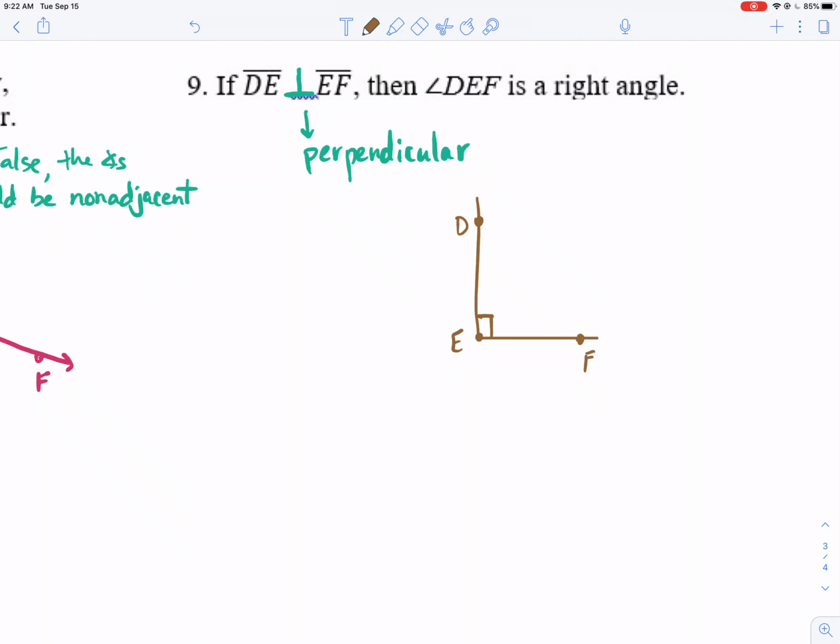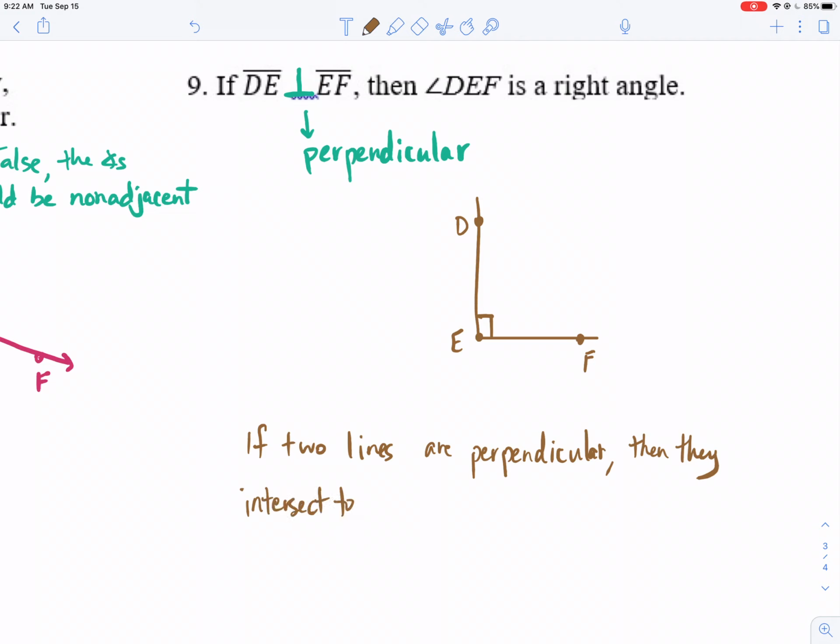So if we remember from our definitions, if two lines are perpendicular, then they intersect to form a right angle.